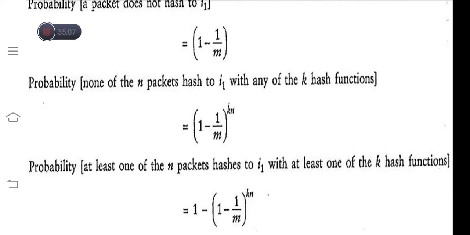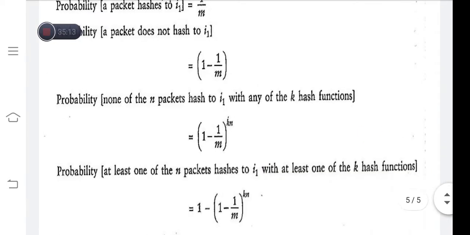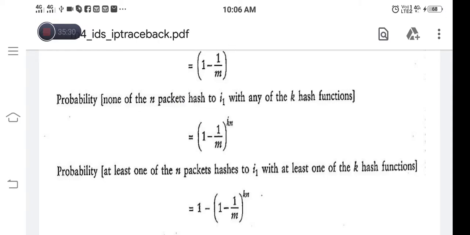Then, at least one of the n packets hashes to I1 with at least one of the k hash functions. Here I1 stands for the index, the output of the hash function to get the value from the Bloom filter. So we are speaking now with respect to the number of packets.